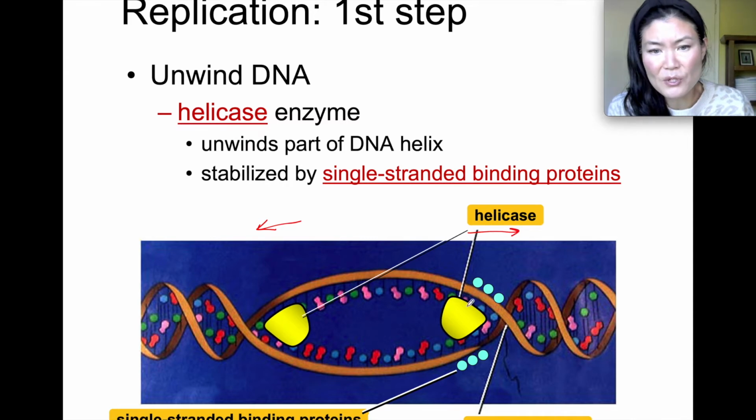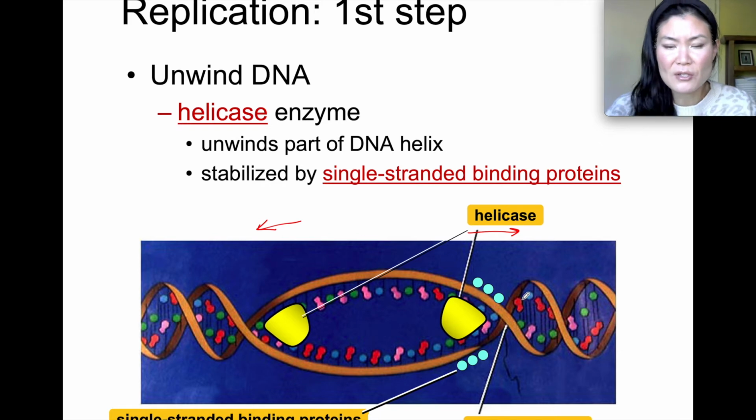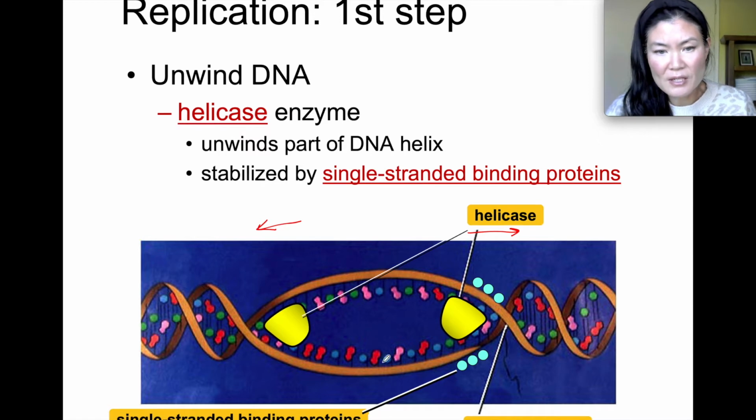There are 2 helicase molecules, and they're going in opposite directions, unzipping it in opposite ways. And then each strand, see how now they're unpaired? The hydrogen bonds are now broken between these 2 strands. Now each one is going to act as a template for new DNA to be made.